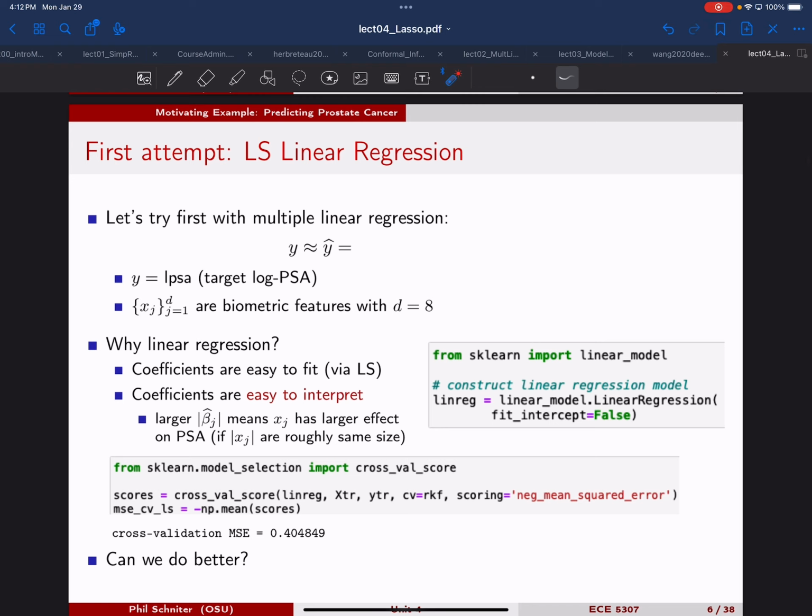So, all right, let's see what happens if we play with this data. So first we're going to try what we've learned so far, which is multiple linear regression. So in this case, what's the equation? So this gives me a chance to, is Alex Miller here?